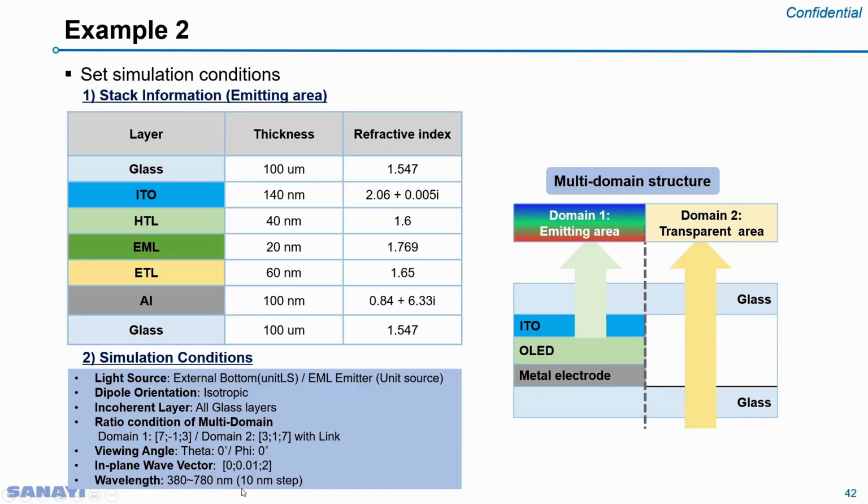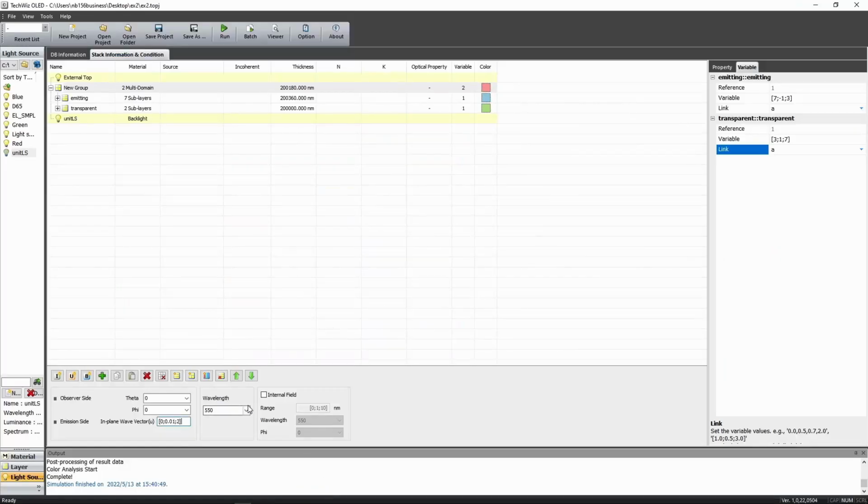And then set the wavelength condition as 10 nanometer step. I will not use this option in this example.